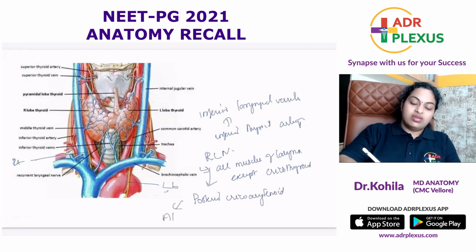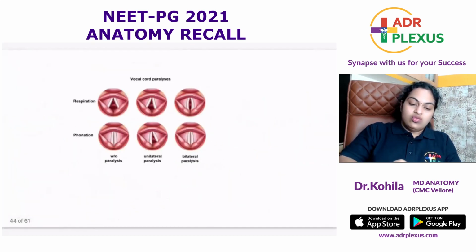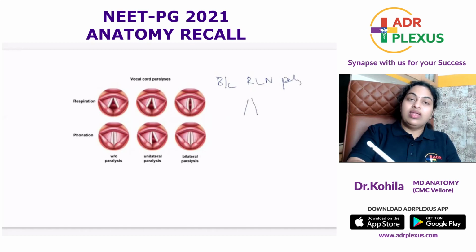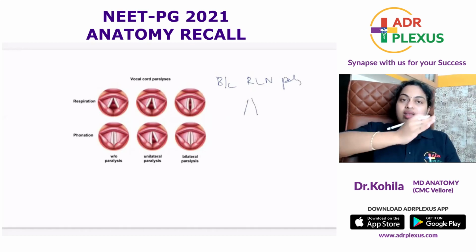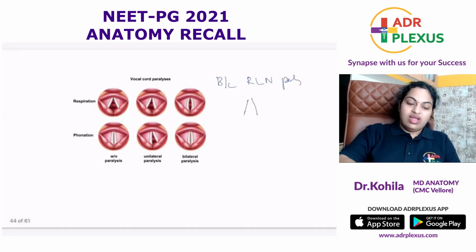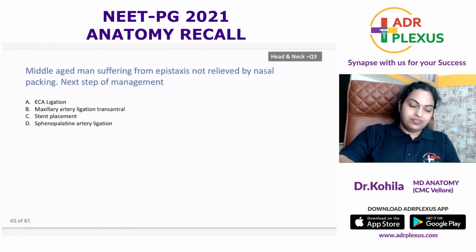That's the only abductor of your vocal cord. So in bilateral recurrent laryngeal nerve palsy, what happens? Both the cords lie in the paramedian position, unable to abduct. That will cause the obstruction and difficult extubation.